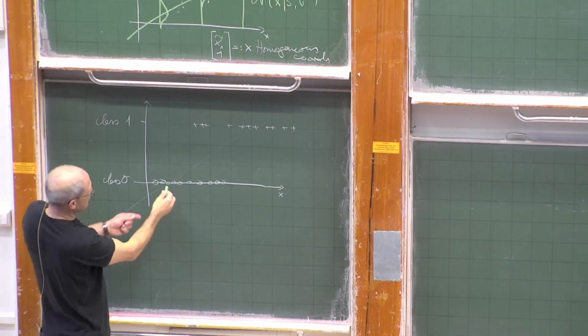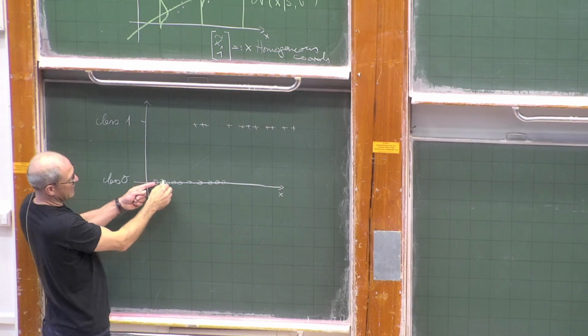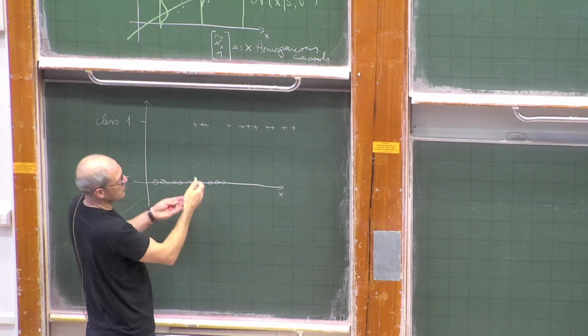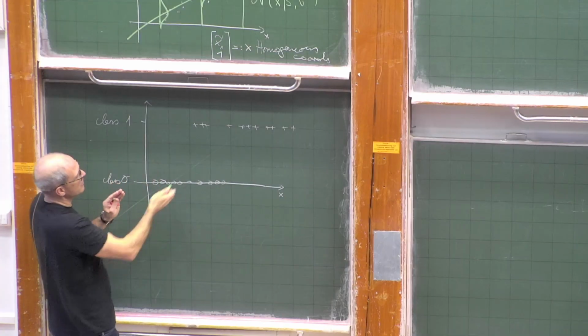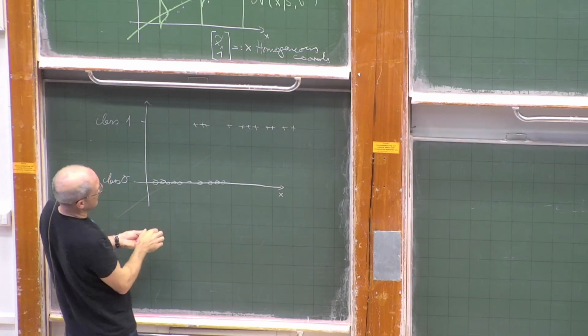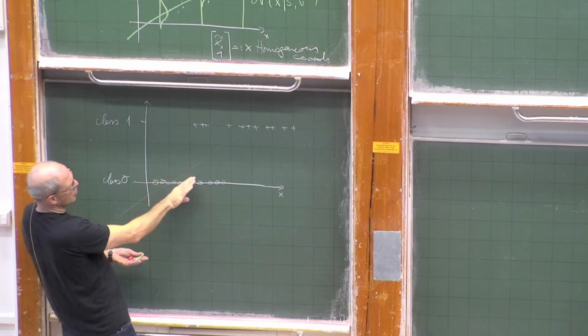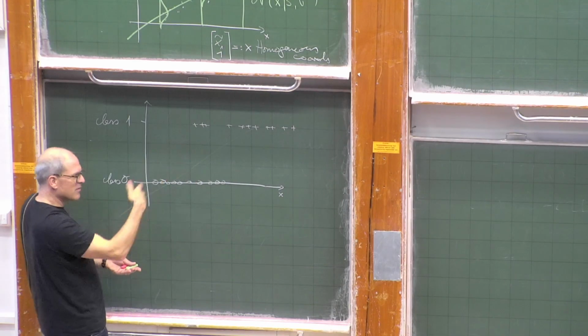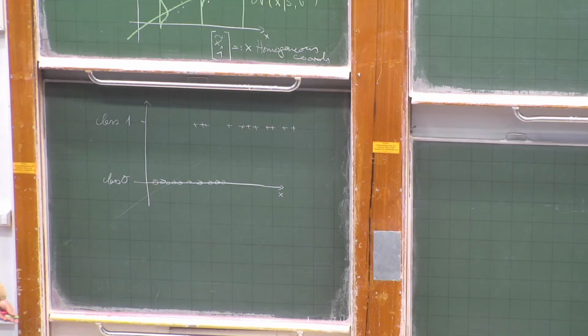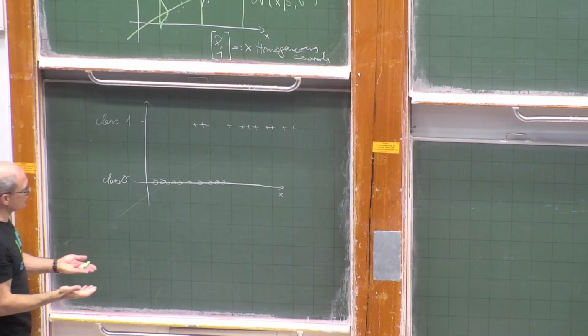In regression, we would ignore the fact that these are circles and that these are crosses. We would just pretend that these are points on the plane, just like above, and we would fit them with a straight line. Maybe I got the slope a bit wrong, maybe it should be a bit steeper, but something like that.